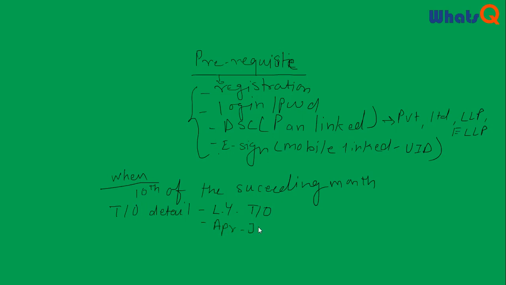April to June means the pre-GST era. These details must be available with you if you are filing for the first time, that is, if this is your first GSTR 1. After 2017, GST became applicable. So last year's turnover and April to June are the mandatory fields that you need to fill if you are filing GSTR 1. From next year onward, this data will be auto populated, so we don't need to fill it manually.